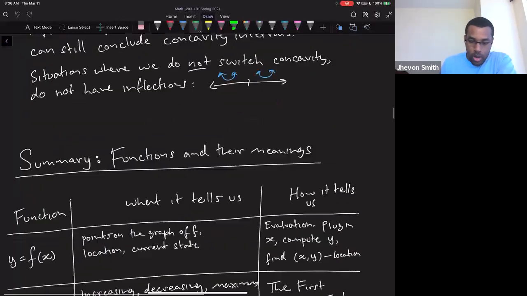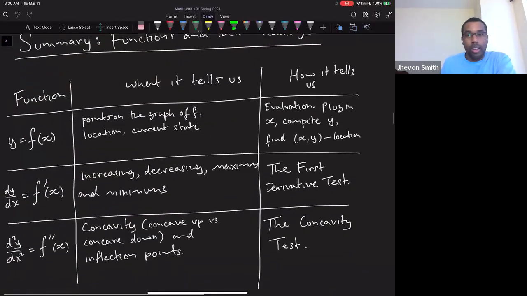And yeah, we also summarized a lot of the different functions that we were looking at. These are the important functions for us, or computations, categories, whatever. So there's the original function, which we're very used to dealing with by now, talks about position, current state, location, things of that sort.